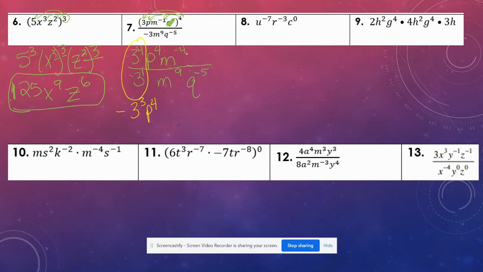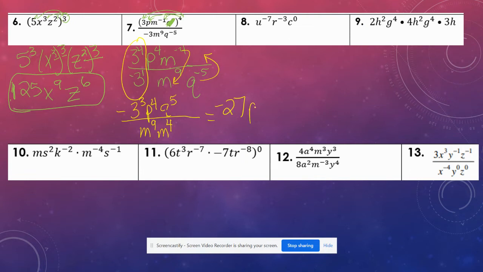This negative 4 drops down to the bottom with that m to the ninth. So m to the ninth times m to the fourth. And then the q to the negative fifth, that negative pops that q up to the top and then makes that positive. If I finish cleaning that up, 3 to the third power is 27. It's negative because of the negative that results in here.